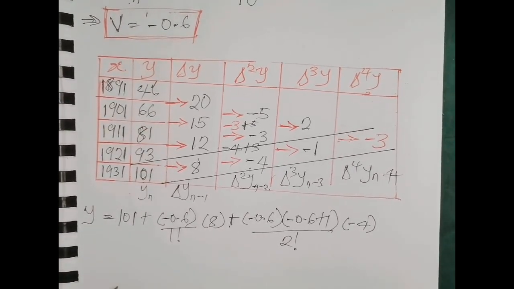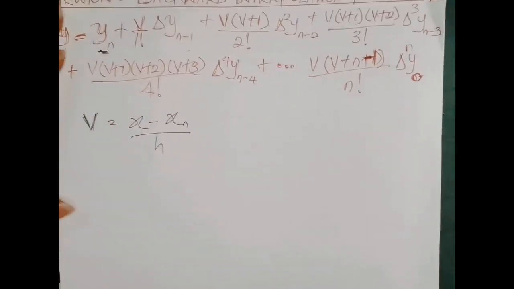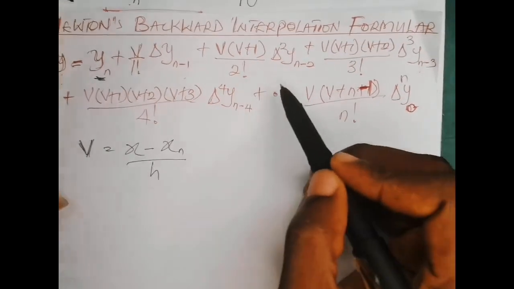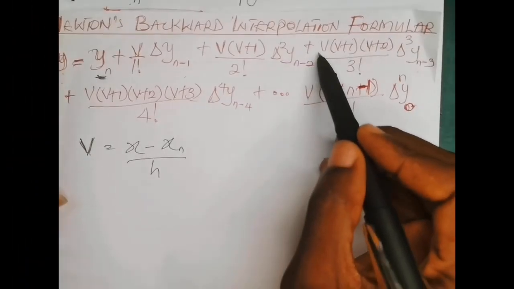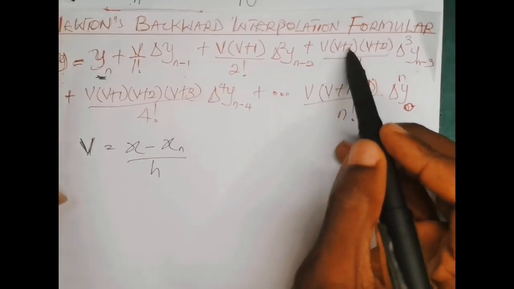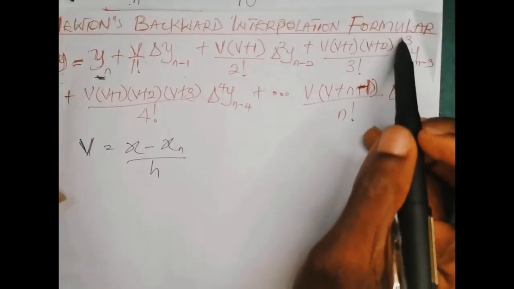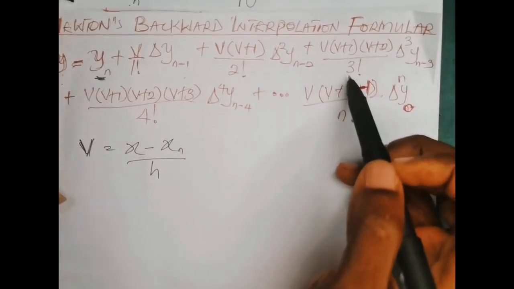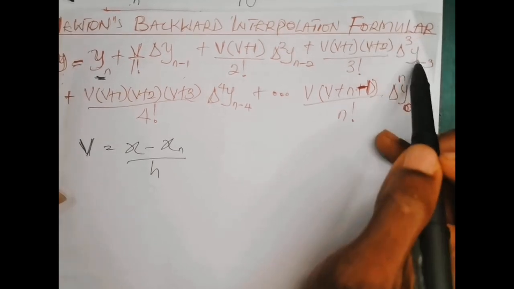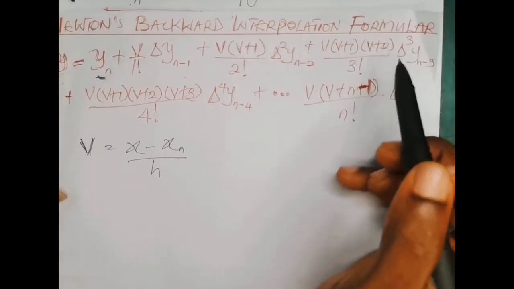Now let's fall back again to the formula. After the second difference, you have plus v multiplied by v plus 1 multiplied by v plus 2, all over 3 factorial multiplied by delta cube yn minus 3.